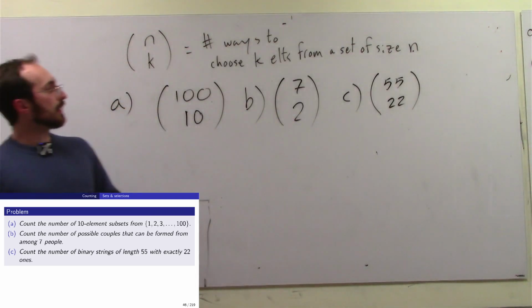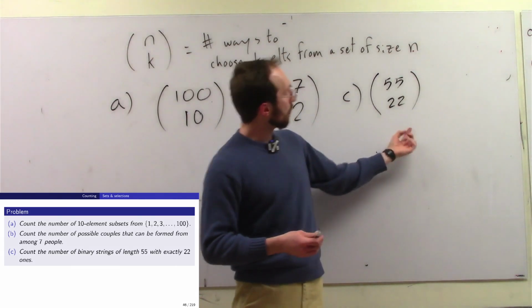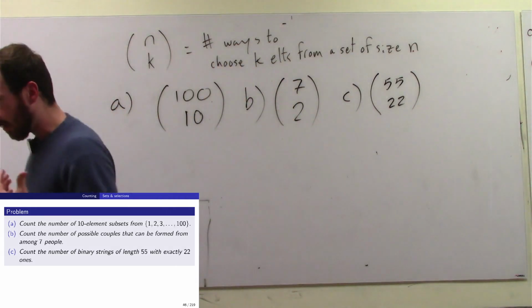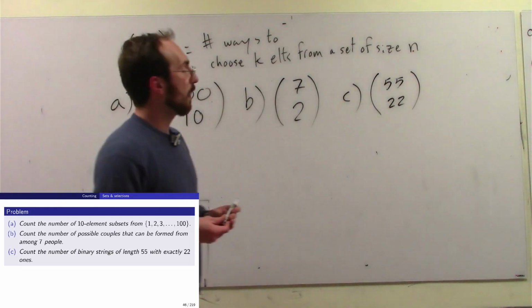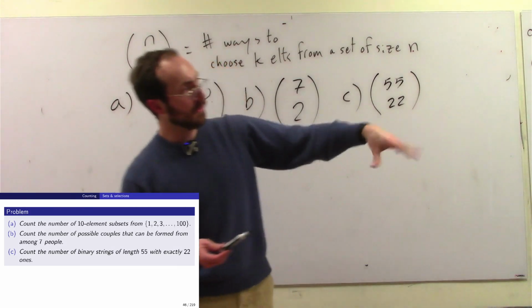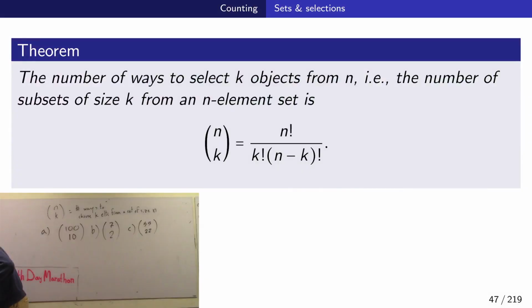And this idea of the binary string fitting in with this scheme, that there are 55 choose 22 of them with exactly 22 ones, will be helpful soon.